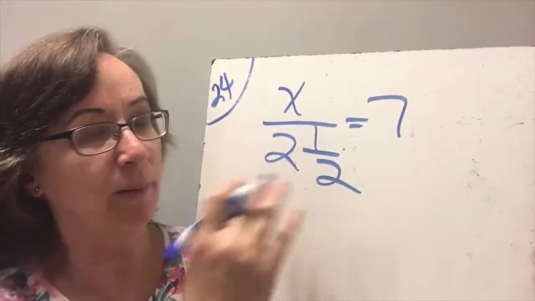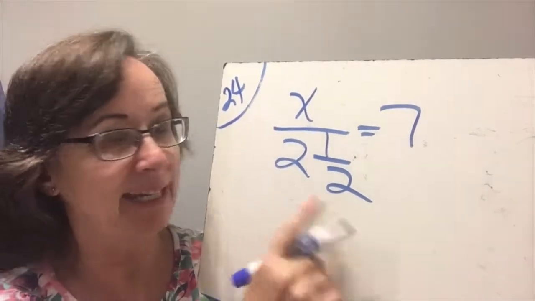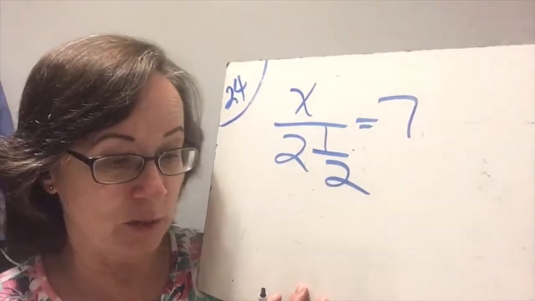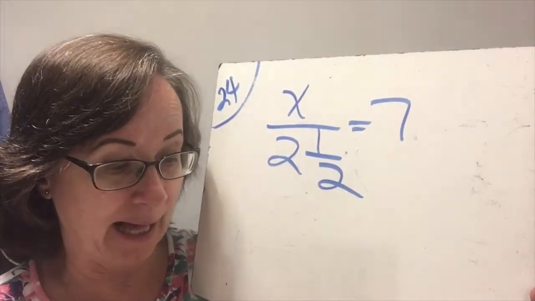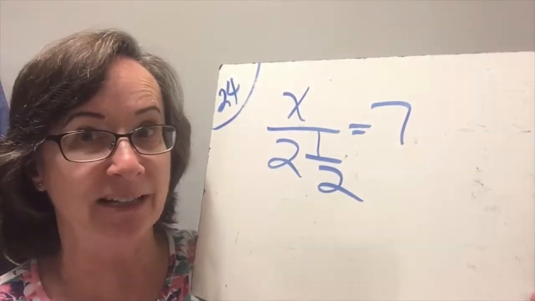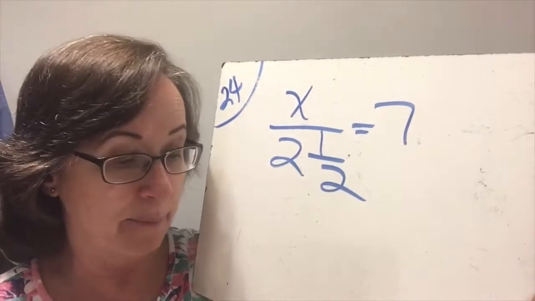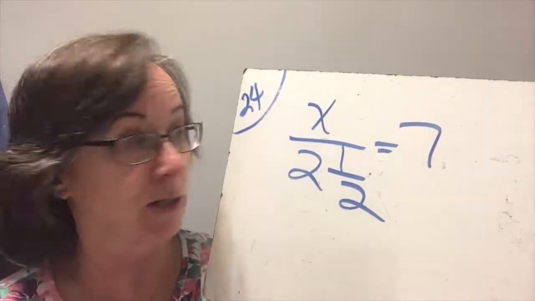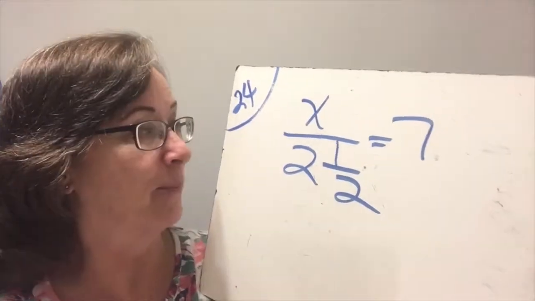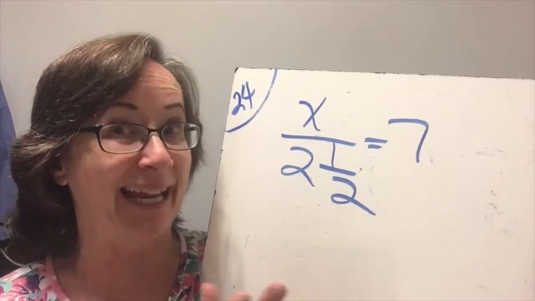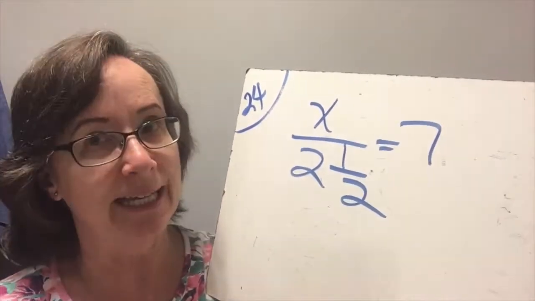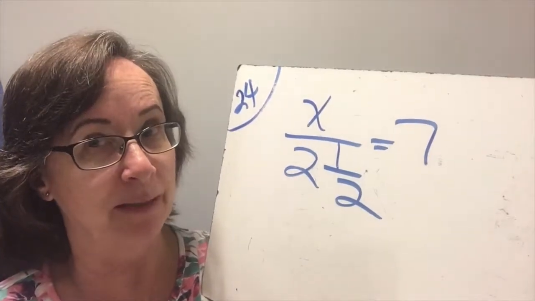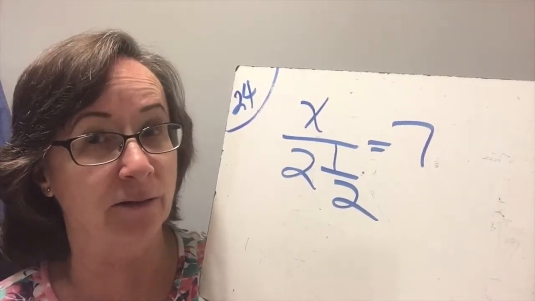All right, so here we have a mixed number in our problem. Since we have a mixed number in our problem, I would be tempted to put our answer back in mixed numbers. But I notice in our book that they don't put the answer back in mixed numbers. So I guess you can take your pick. Okay, but see, there's a mixed number in the problem, so I would tend to put the answer back in mixed numbers because that's a mathematical convention.